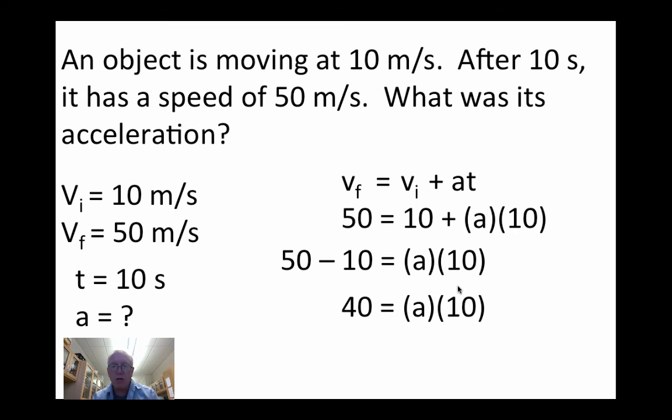And now I want to get rid of this second 10, the one that was a little closer to the A that I want to isolate by itself. And here, since this is multiplication, I'm going to undo the multiplication with division. So dividing both sides by 10, I'm going to get the acceleration by itself, and I'm going to get an answer of 4.